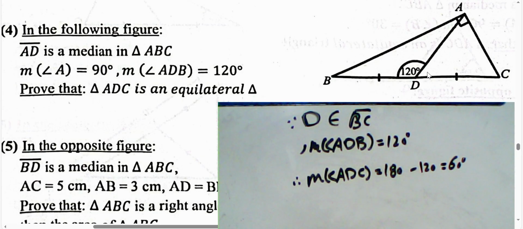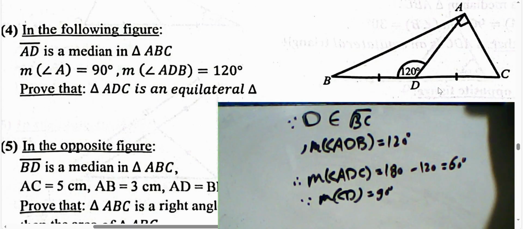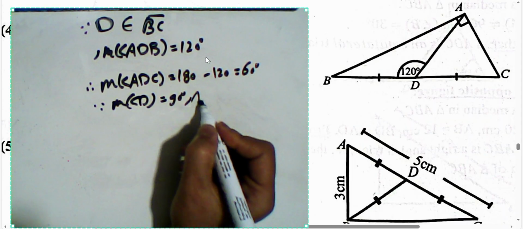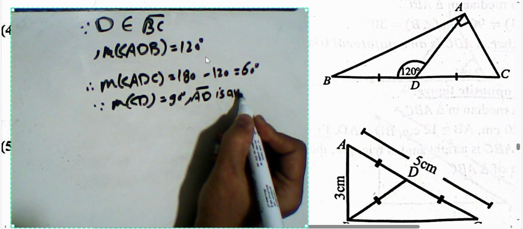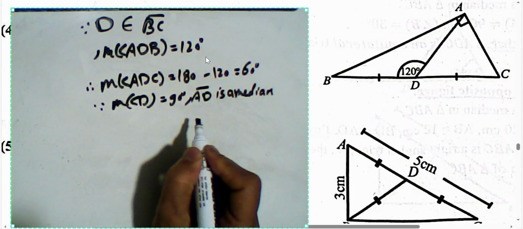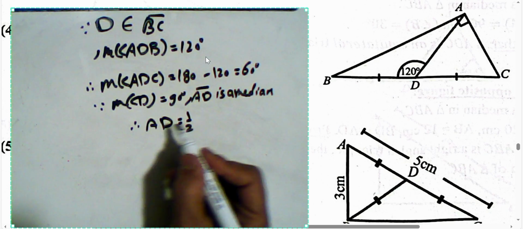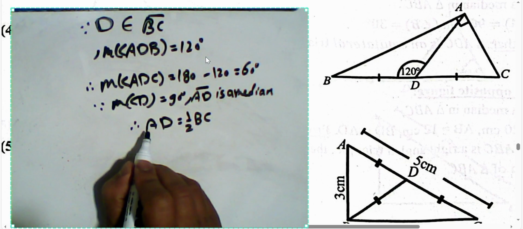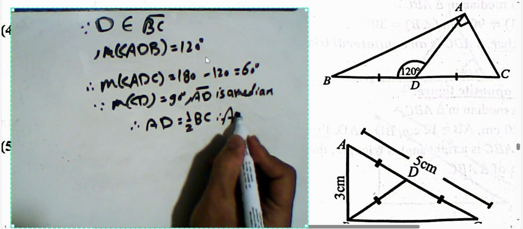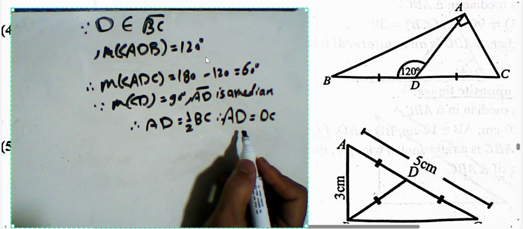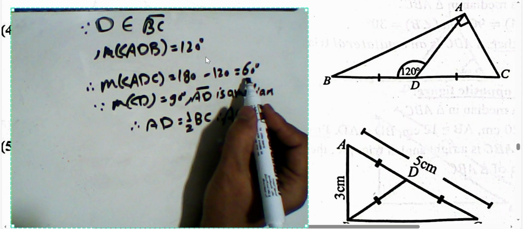Next step, we can prove that the measure of angle D is 90 degrees. In this triangle, this angle was 90 degrees. Okay, and AD is the median. AD is the median. Then AD will be half of BC. Then AD will be equal to DC. It means this triangle will be isosceles, and we also have angle 60.